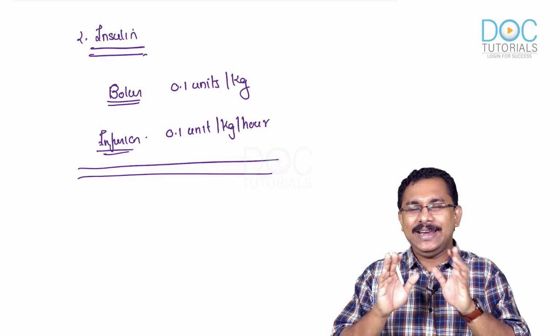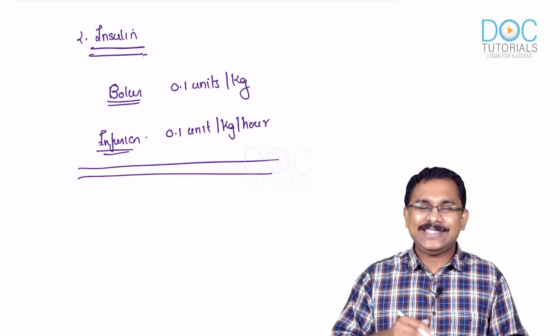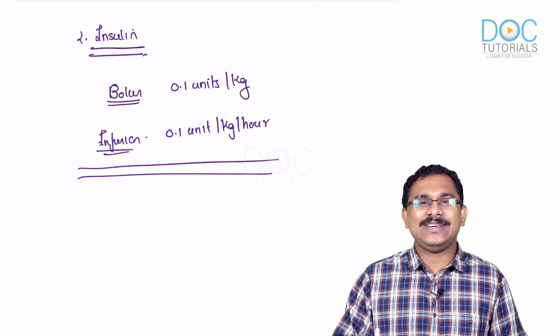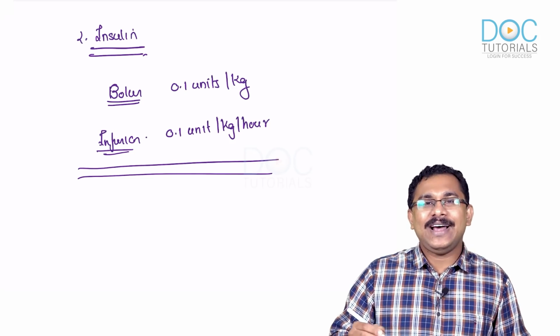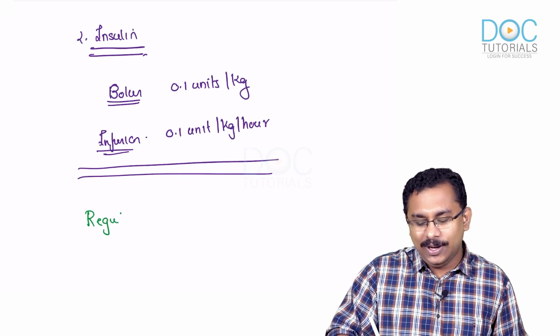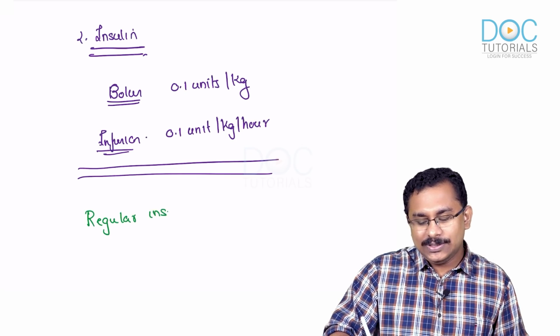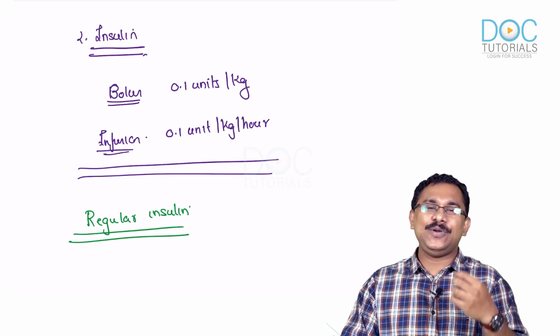But in an ideal scenario, it's always good that you go for an infusion. And what is the insulin preparation that you will use for the infusion? Remember, the insulin that can be given intravenously, we have discussed this. This is going to be your regular insulin. So it is your regular insulin or plain insulin that you are going to give by an infusion.